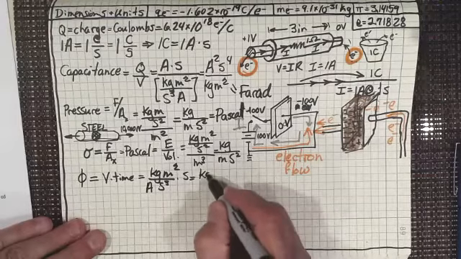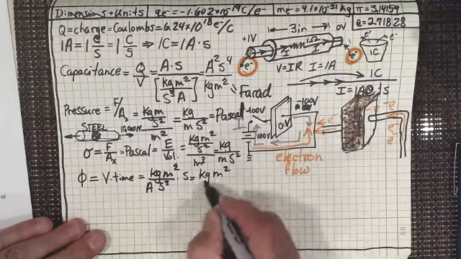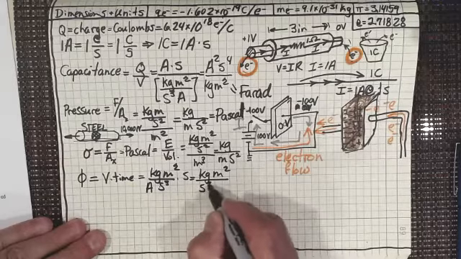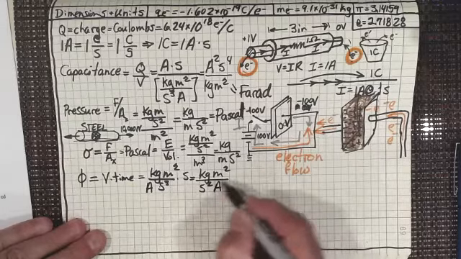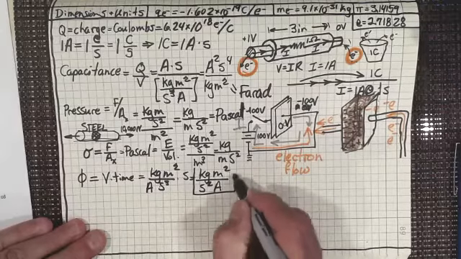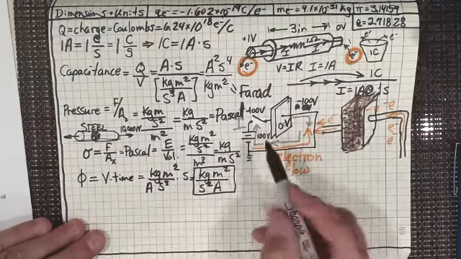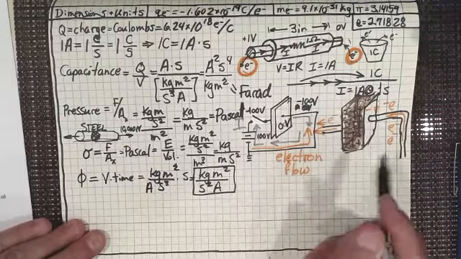So that gives us a kilogram meters squared over seconds squared amps, right? Now, what do we call a kilogram meters squared over a second squared amps?